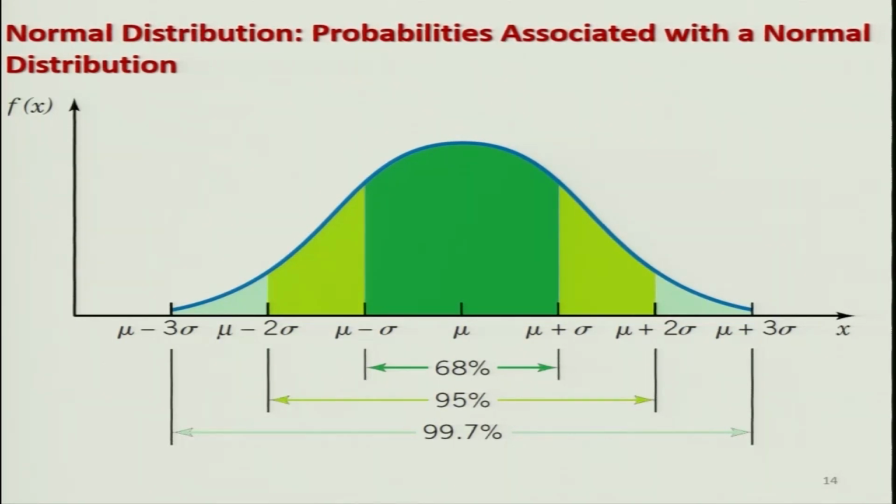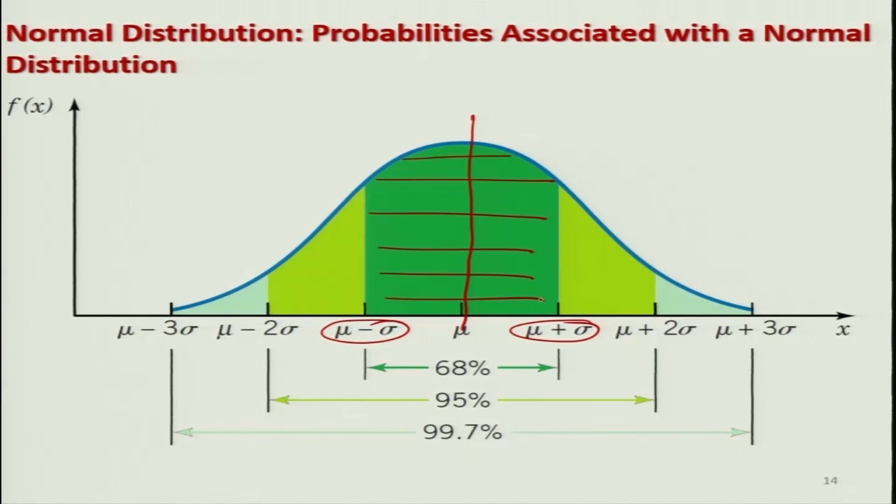Now, I would like to give you some more information about this normal distribution. Here I have taken different shades of color: dark green, light green and lighter green. This is mu, and if you take 2 points on the left hand side and right hand side of mu, they are mu minus sigma and mu plus sigma. The area indicated by the dark green color is going to be 68% of the total area.